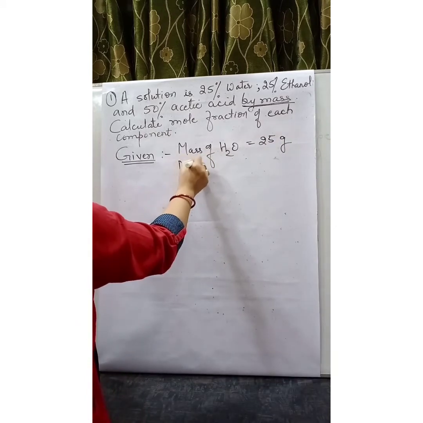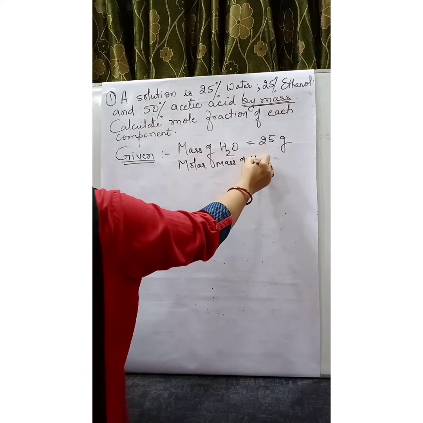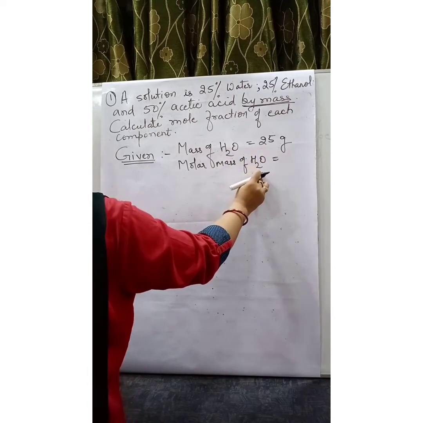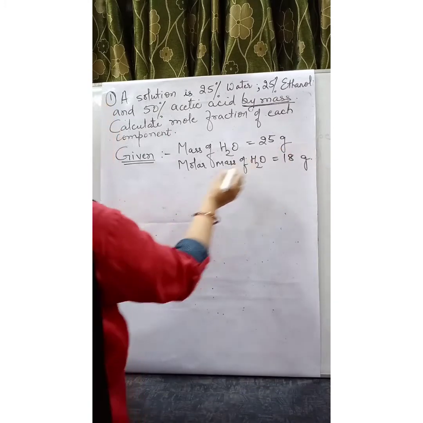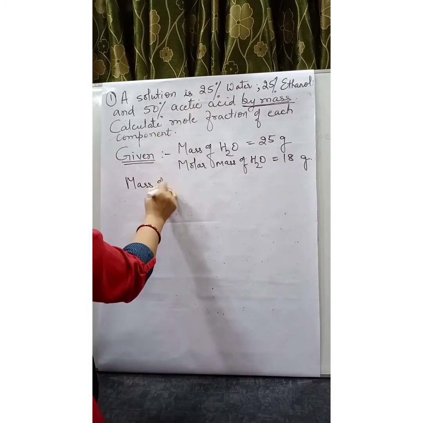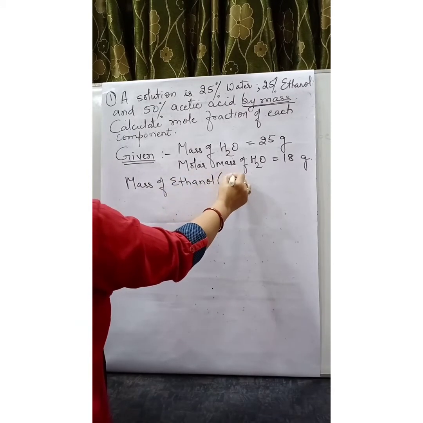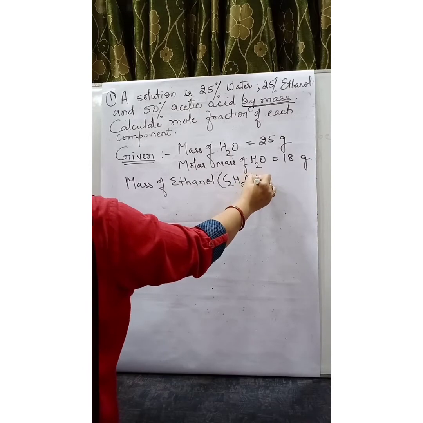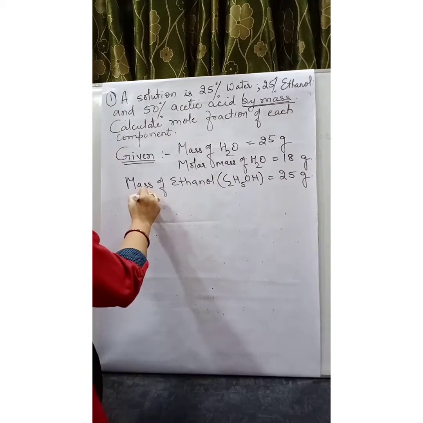We can also find out the molar mass of water. 2 hydrogens, so 2 into 1 plus 16 gives you 18 grams. Similarly, 25% ethanol. So, mass of ethanol, that is C2H5OH, is equal to 25 grams.